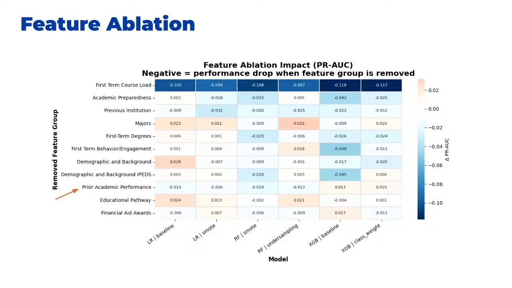one little thing about it is that I also looked at the importance of each of those feature groups that I showed you earlier through a feature ablation process.